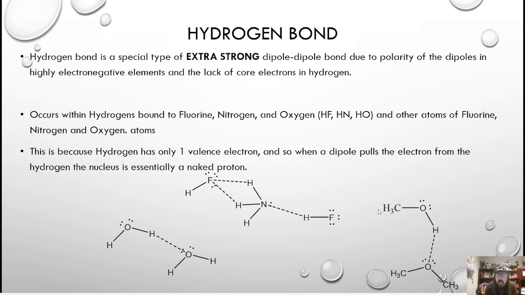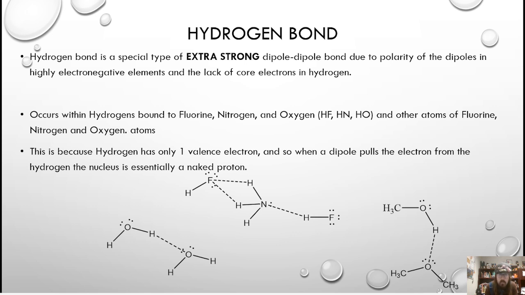On the far side, we have methanol, CH3OH. That can hydrogen bond to other methanols. But it can also hydrogen bond to dimethyl ether. Dimethyl ether, CH3OCH3, cannot hydrogen bond with itself, but it can hydrogen bond with methanol.